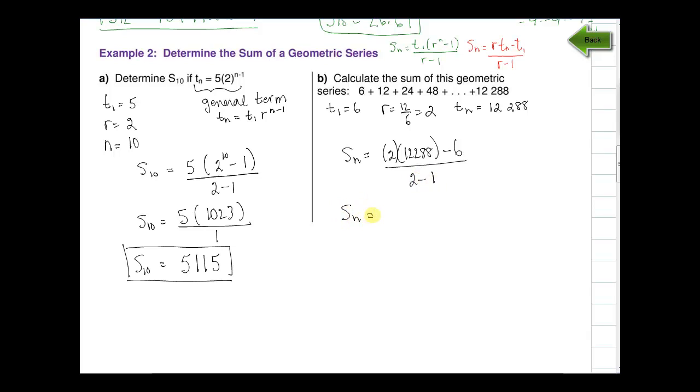First simplify the numerator: 2 times 12,288 minus 6 gives you 24570, divided by 2 minus 1, which is 1. And so our sum for this series is 24,570. So that's the end of example 2.